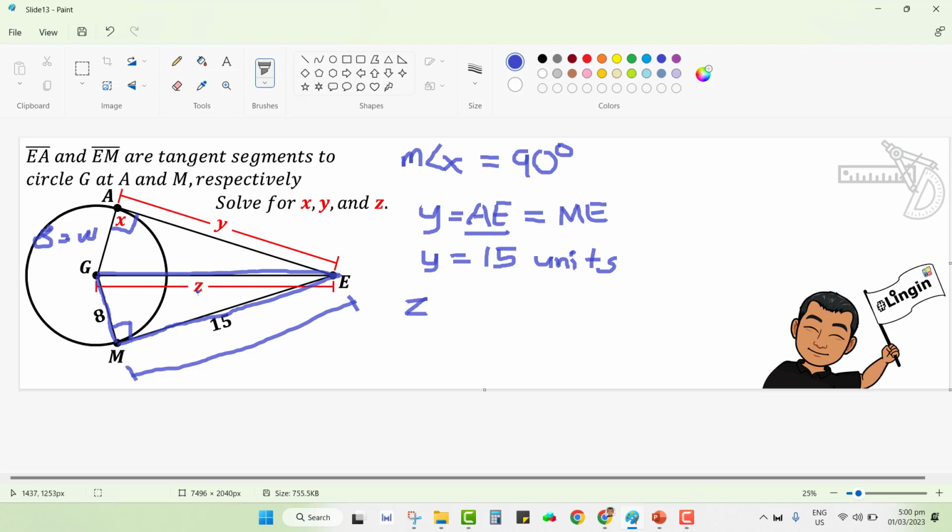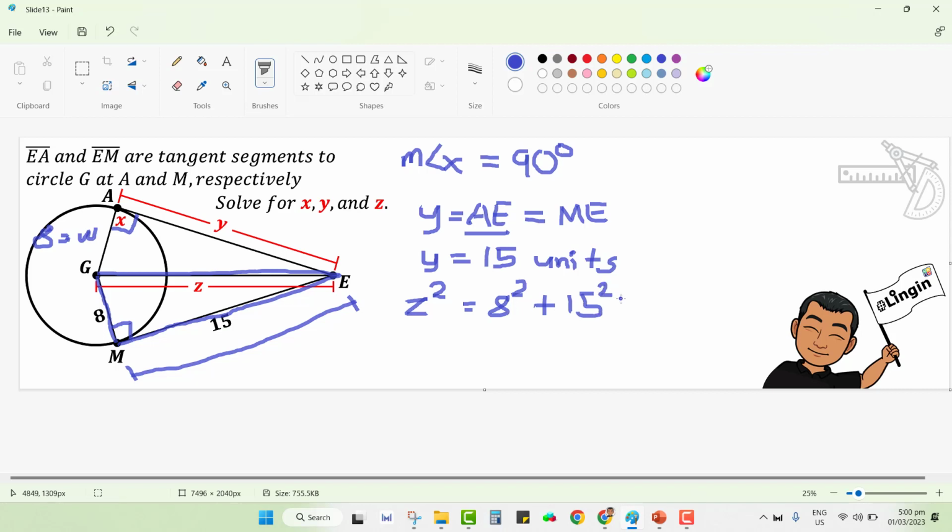Since Z is the side directly opposite the right angle, this is what we consider the hypotenuse of the right triangle. And we know that there is a unique relationship between the hypotenuse and the legs of a right triangle. It tells us that the square of the hypotenuse is equal to the sum of the squares of the measurements of its legs. This is given to us by the Pythagorean Theorem.